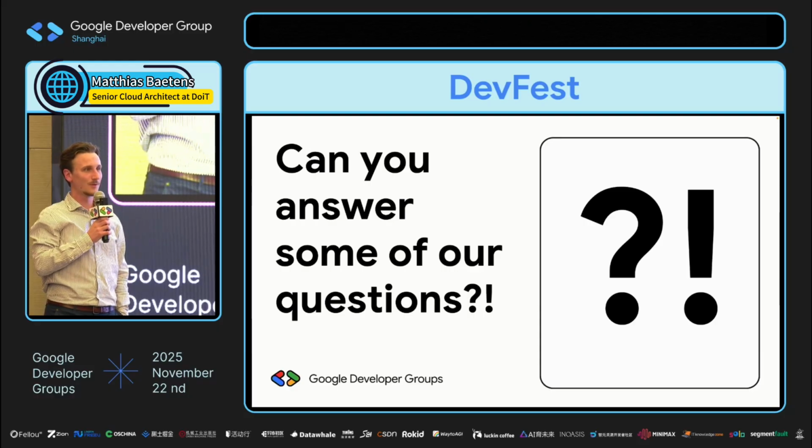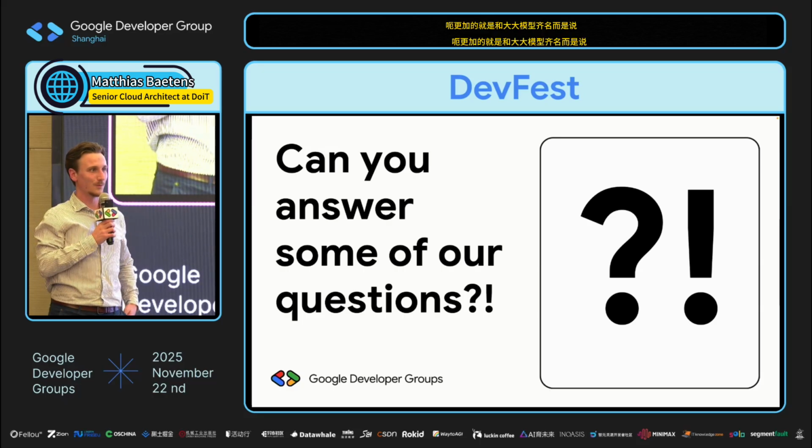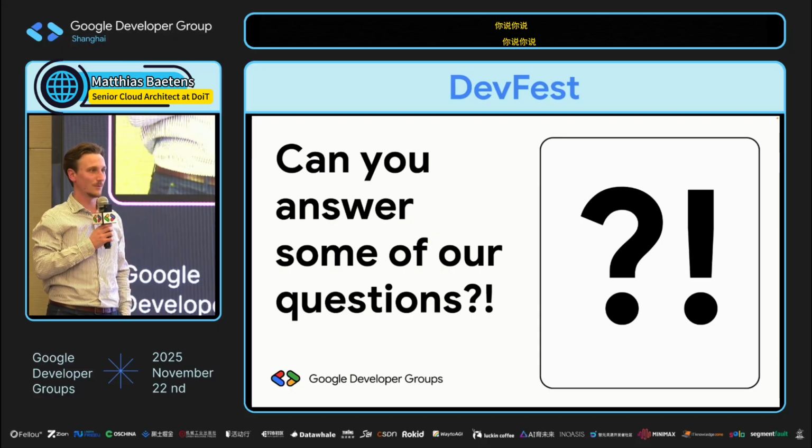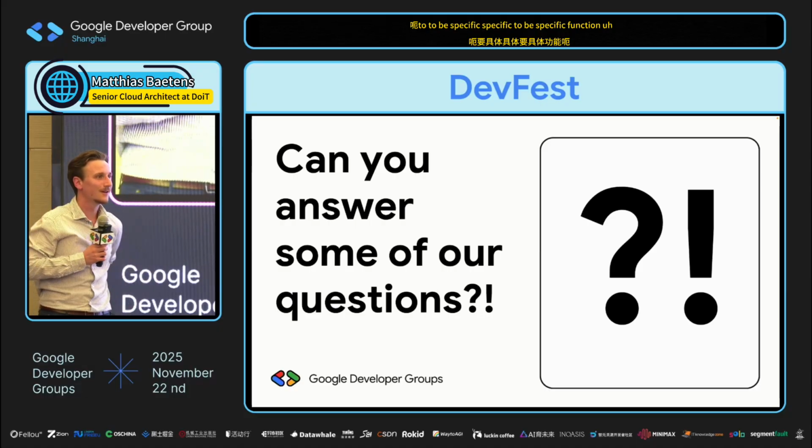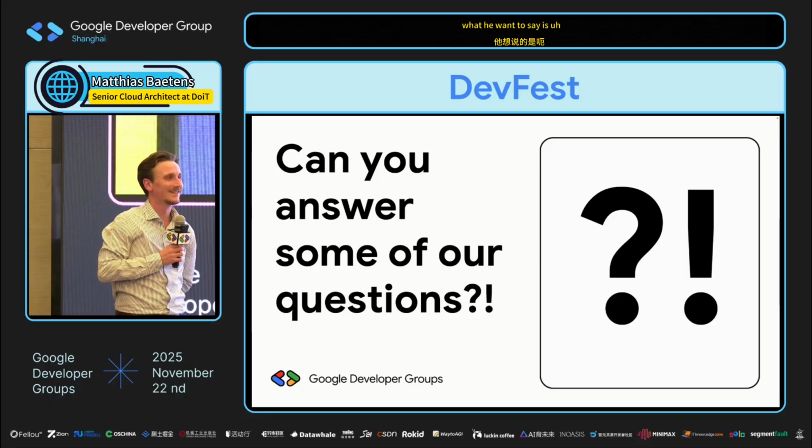To be specific function. Sorry. What he wants to say is, to be a specific function, how can the small model, through fine-tuning, get the better result?